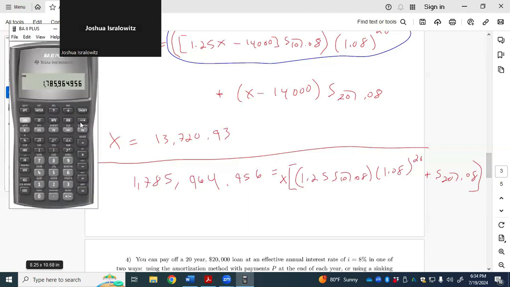So let's quickly do 1.25 payment, 10 N, 8 interest, compute future value. Not sure what happened here, but do it again.